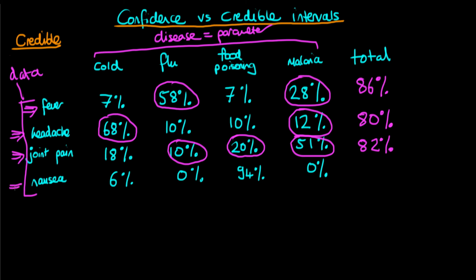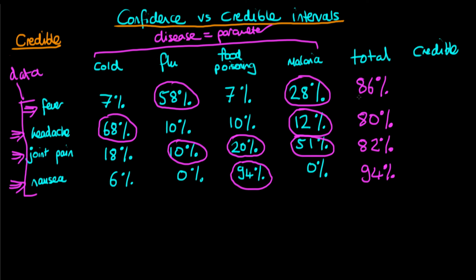Then finally, for those individuals that present with nausea as their first symptom, we see that the only way we can obtain at least 80% coverage is if we imagine that those individuals have food poisoning. And so we get a 94% coverage in this case. Okay, so you can probably tell how we're going to form the credible intervals now, and I think it's a bit easier to understand than the confidence interval case.